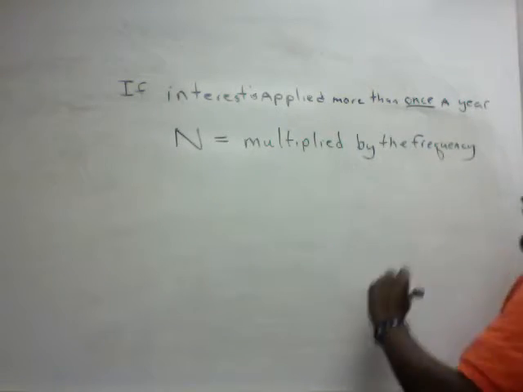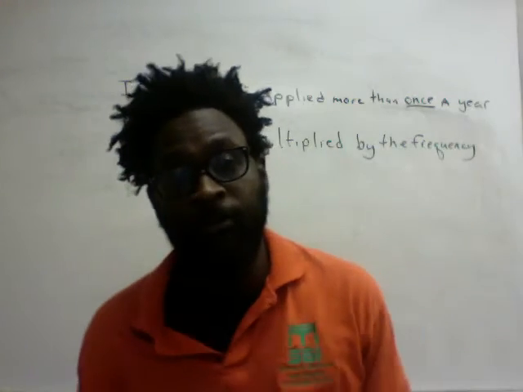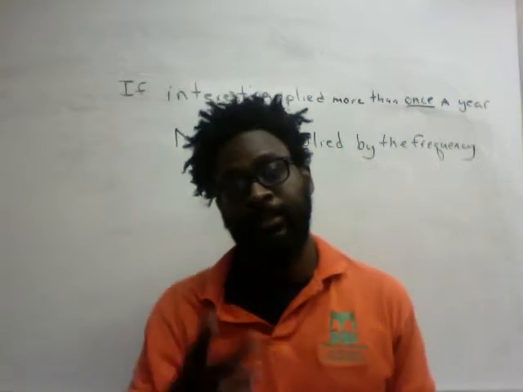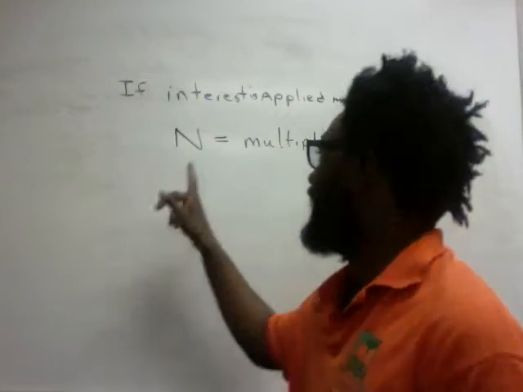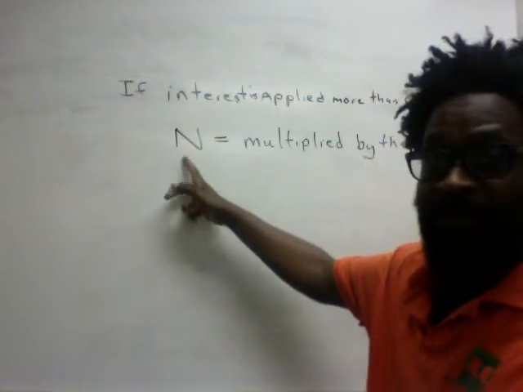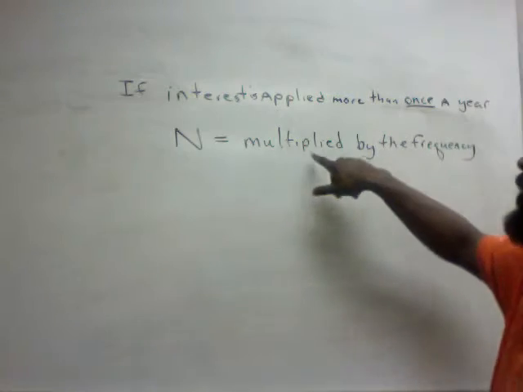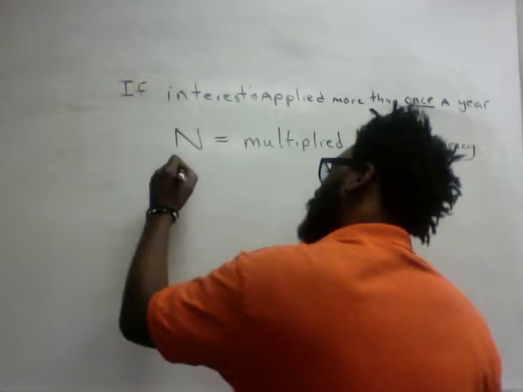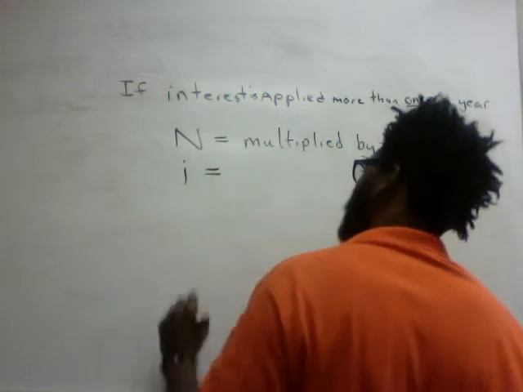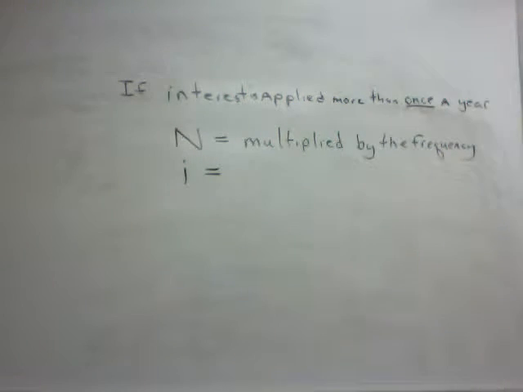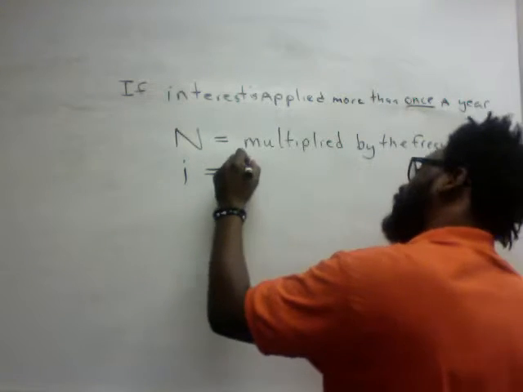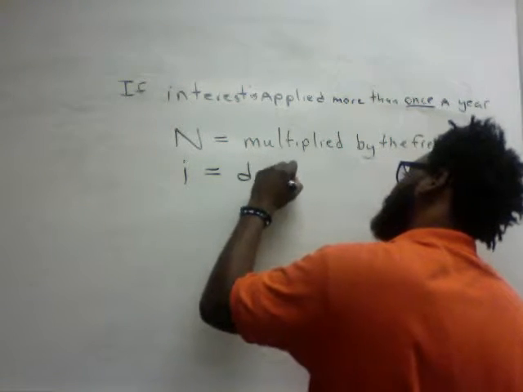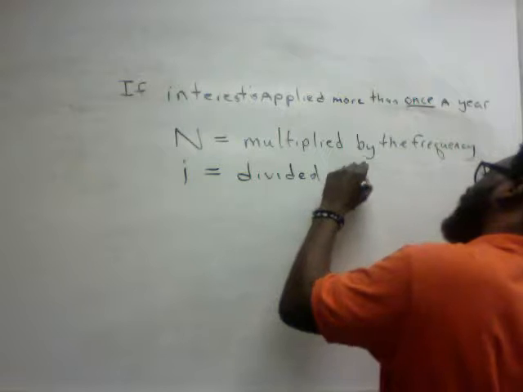Frequency is basically saying, if it's semi-annual, how frequent will interest apply in a year? Twice. So that N, the number of periods or the number of years, has to get adjusted by multiplying it times the frequency, which in that example would be 2. You also need to adjust your interest. Your interest is going to get divided by the frequency.